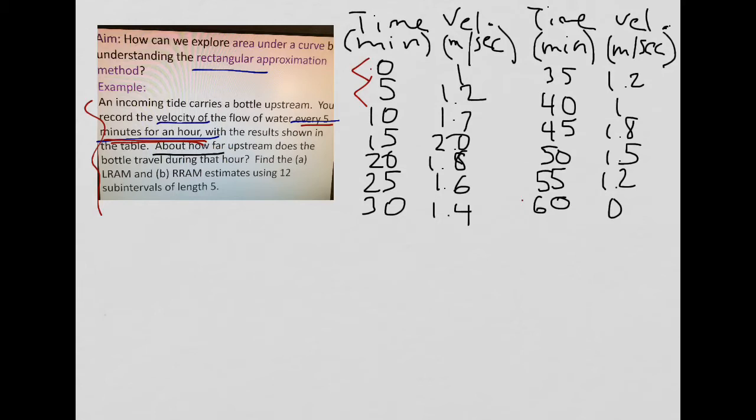So that's a subinterval. You're going to see that there are 12 subintervals if you keep counting between the 5 and 10, the 10 and 15, the 15 and 20, even the 30 to 35, the 55 to 60. There are indeed 12 subintervals.